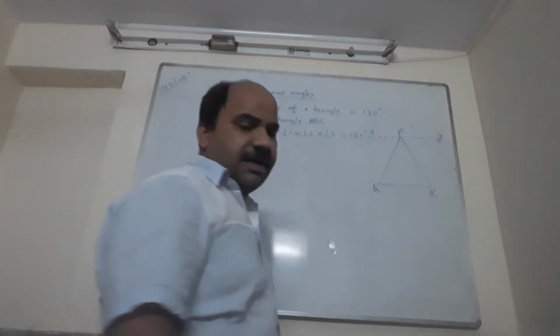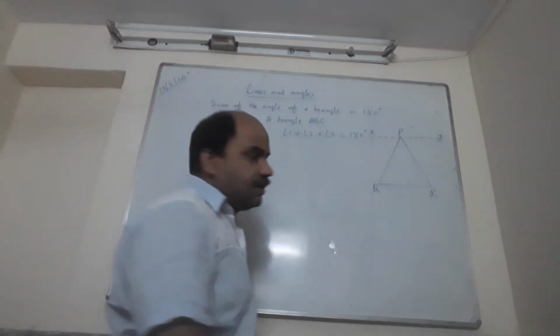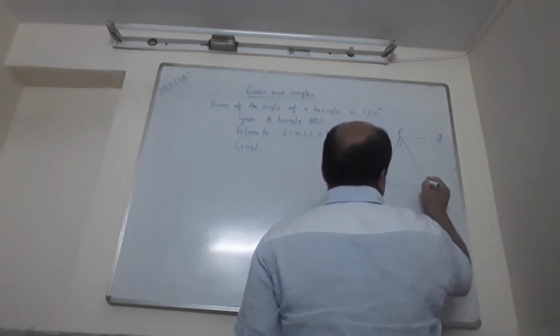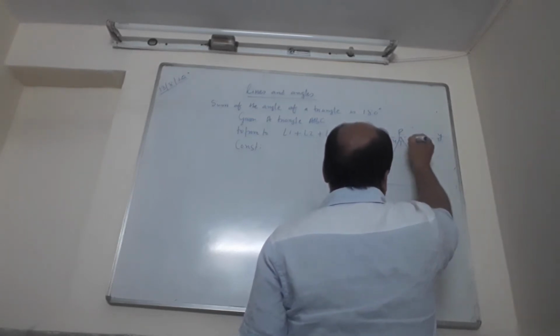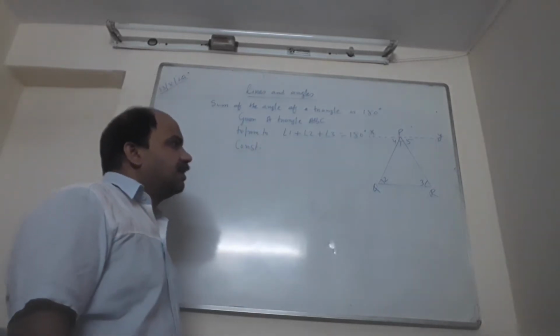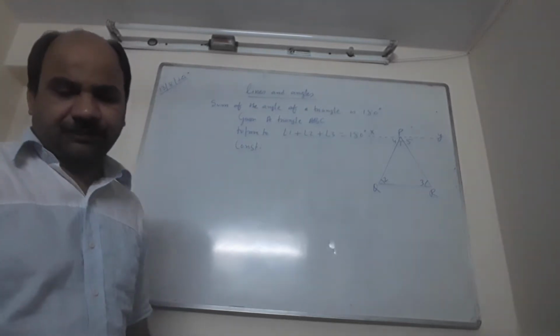Construct the line XY parallel to BC and write down the names of angles 1, 2, 3, 4 and 5. This is the construction which we need, that is XY is parallel to QR.